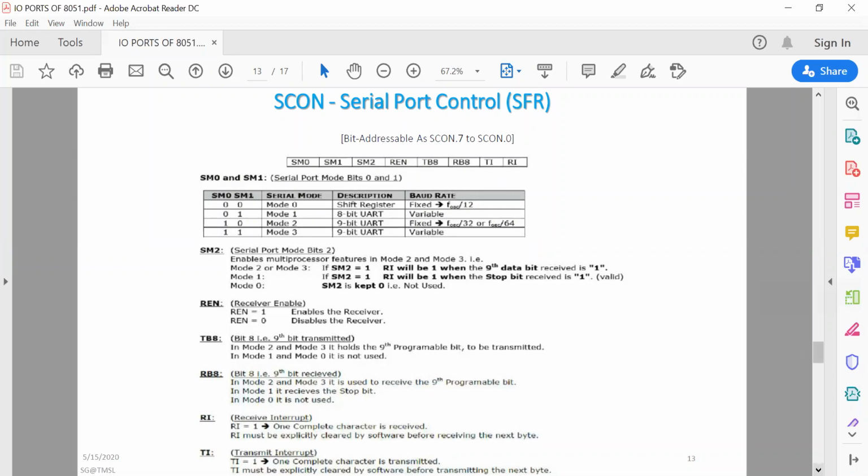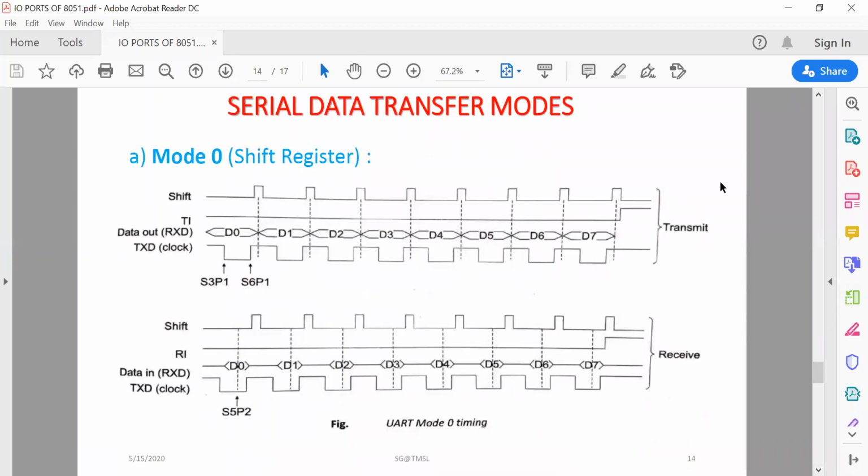Here are the clock and timing signals. During transmission, the data is shifted out from the RxD pin. The data changes on the trailing edge of S6P2. This is S6P1, that is S6P2.